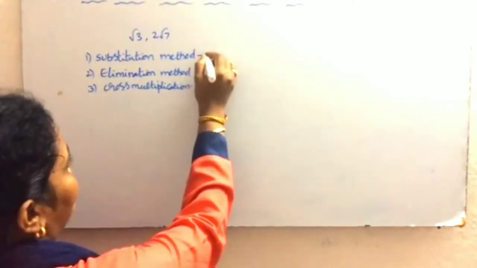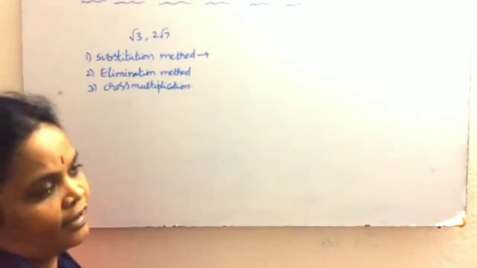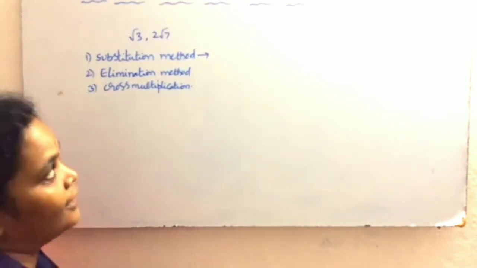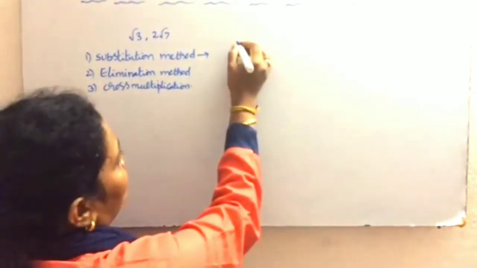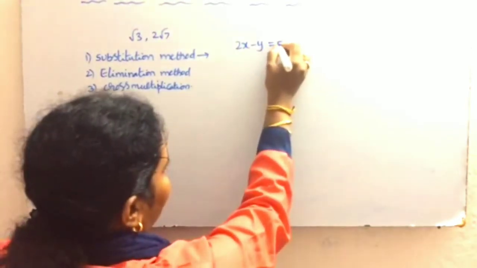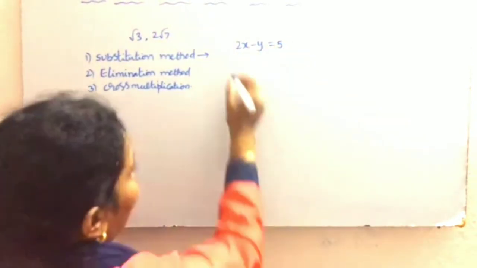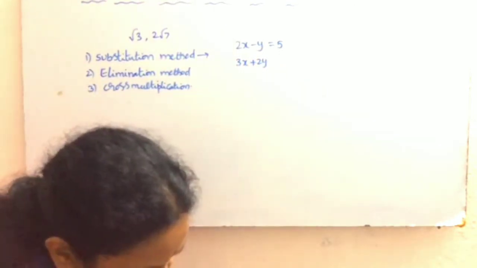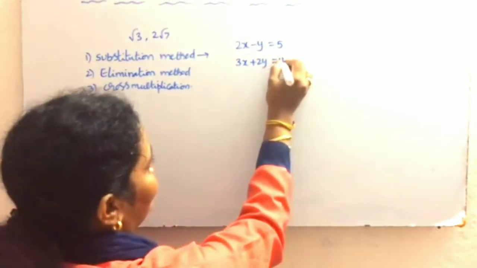Substitution method means we will substitute one variable into the other equation. Suppose I take an example: 2x minus y equal to 5 and 3x plus 2y equal to 11.